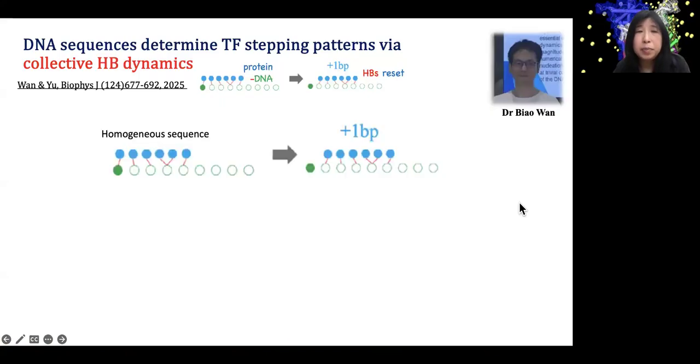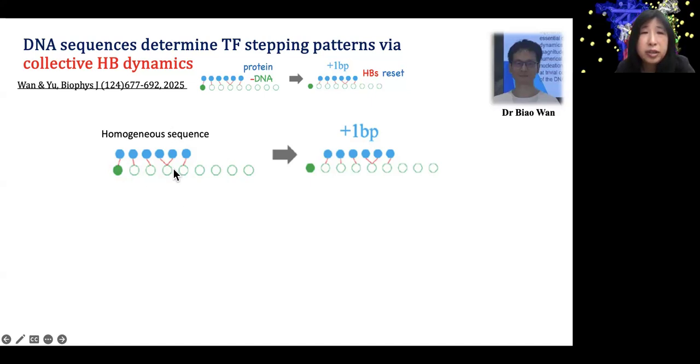Okay, so a little bit more about this research is that we can survey the stepping pattern of the protein on DNA. Think about the hydrogen bonds formed between the protein residues and the DNA nucleotides, schematically presented here.